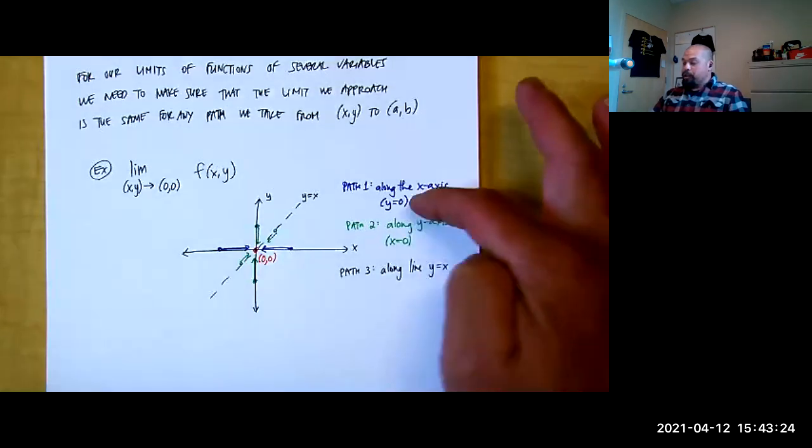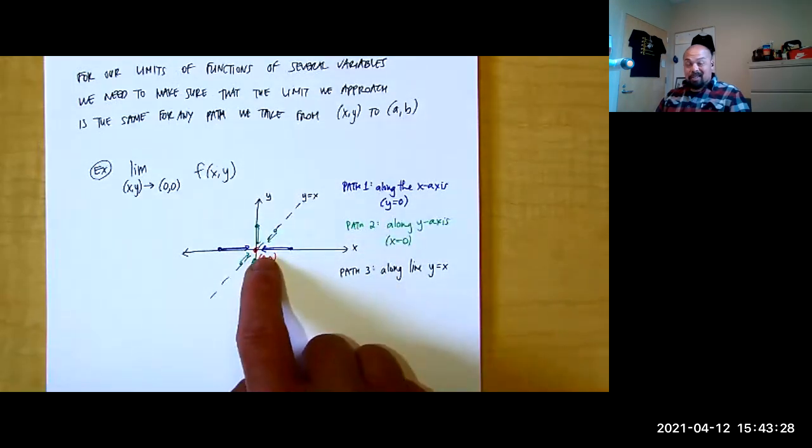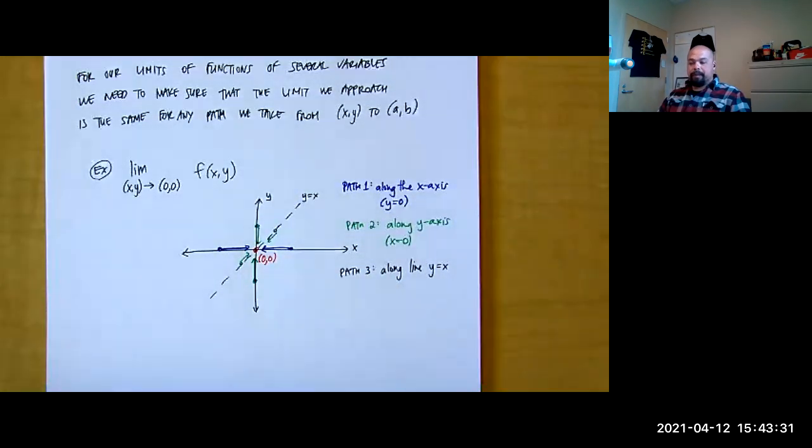But no matter what path I choose, that limit, the z result that we get, has to be the same.